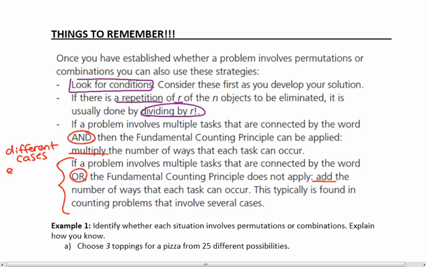An example of that is when you see "at most" or "at least." At most 2 out of 3 would be 0, 1, or 2, or at least 2 would be 2 or 3. Those are situations with different cases, so we solve each case and then add them together.